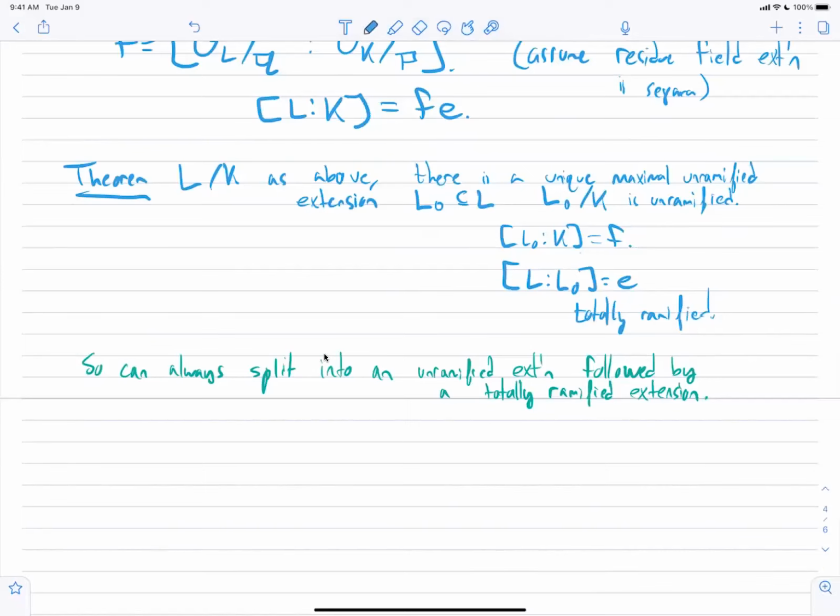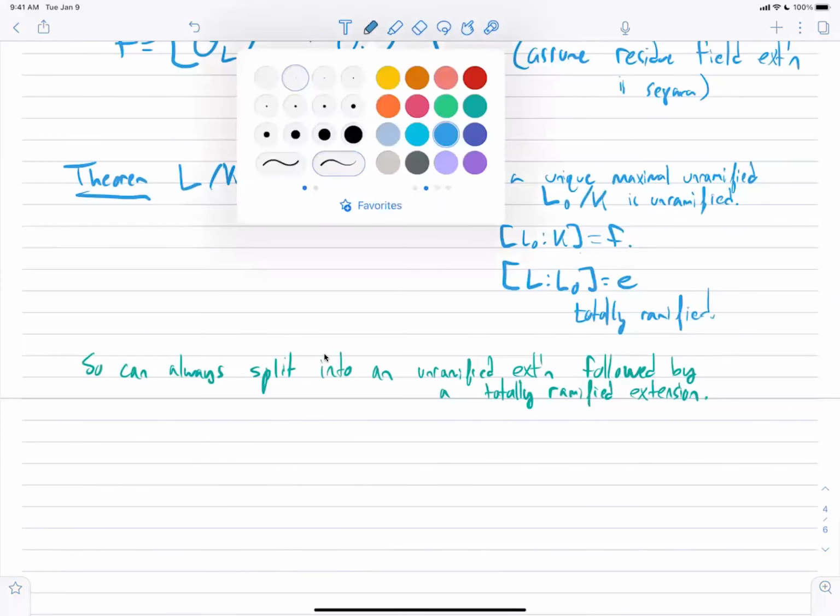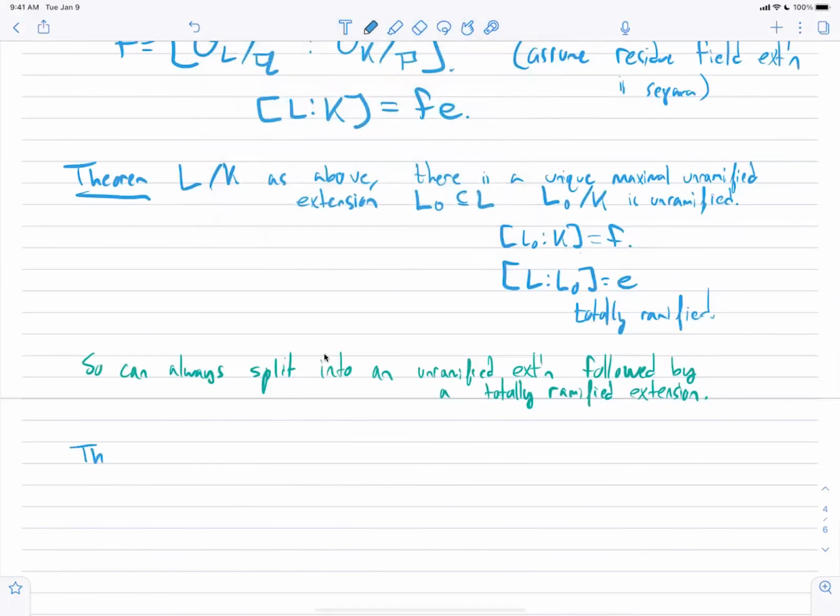Okay, good. So in sum, if we want to understand extensions of Q_p or a general non-Archimedean or discretely valued field, we just need to understand unramified extensions and totally ramified extensions. So let me see, next theorem.